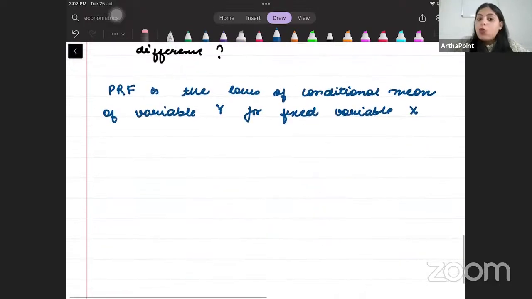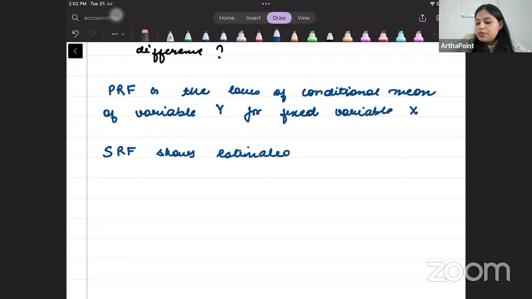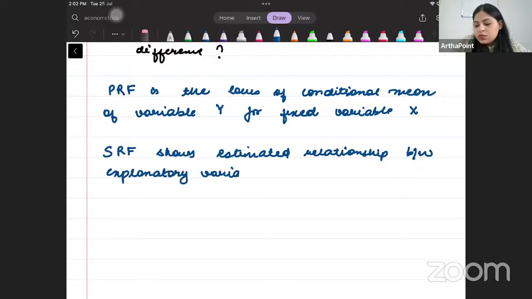Now, what is the sample regression function? The sample regression function shows the estimated relationship between the explanatory or independent variable, that is nothing but your x, and the dependent variable, that is nothing but your y.